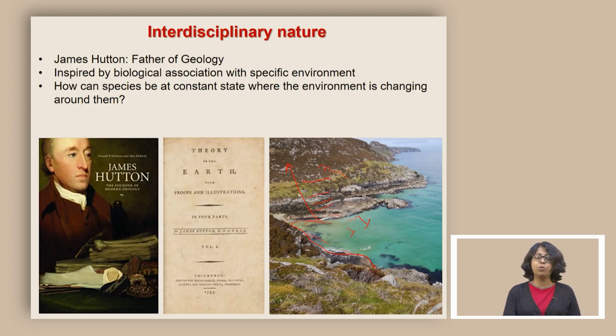The hill is probably going to be flattened down. If that happens, then how come the species are in a constant state? So, it was already in his mind that either the species must be changing or the environment is constant. Now, through observation, he was convinced that the environment was not constant. So, that only leaves the other possibility that the species are also changing.